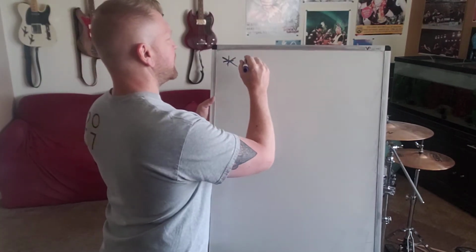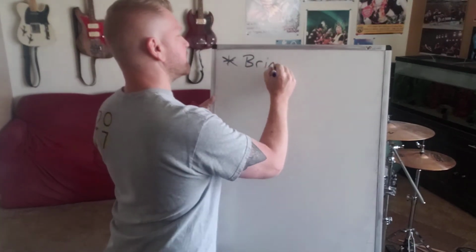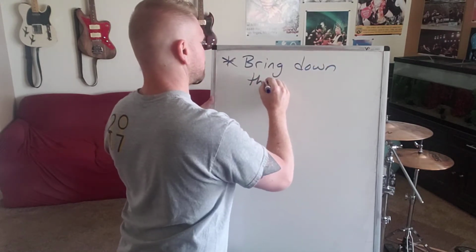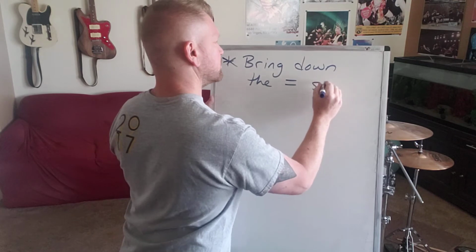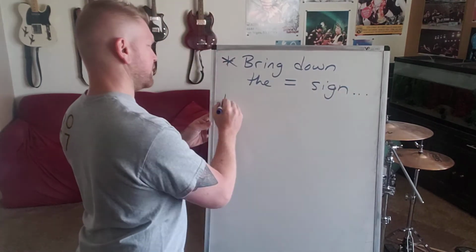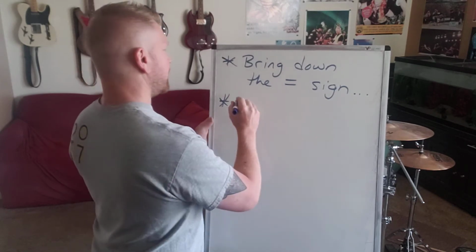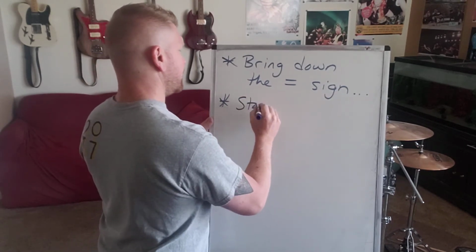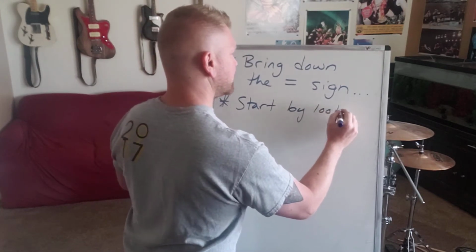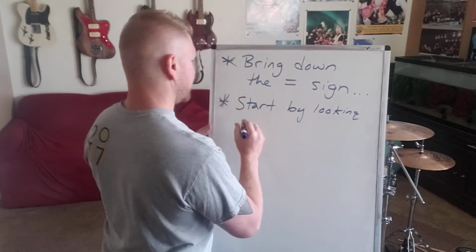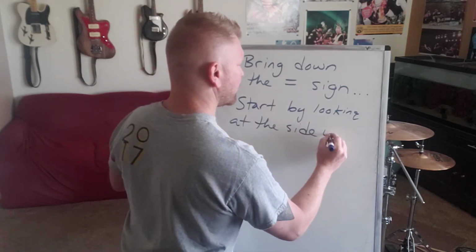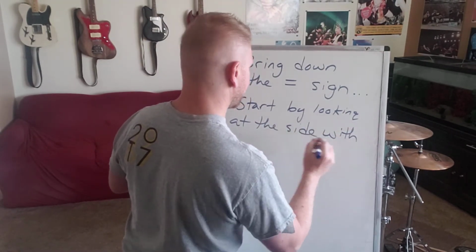Next, you want to bring down the equal sign. And you want to start by looking at the side with the variable.